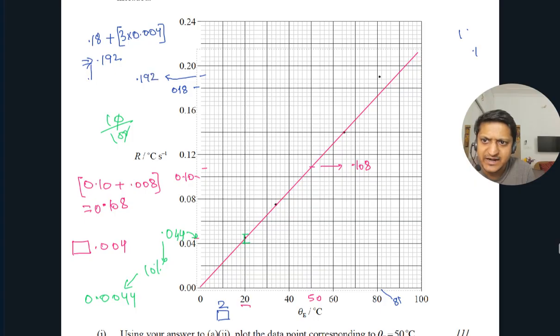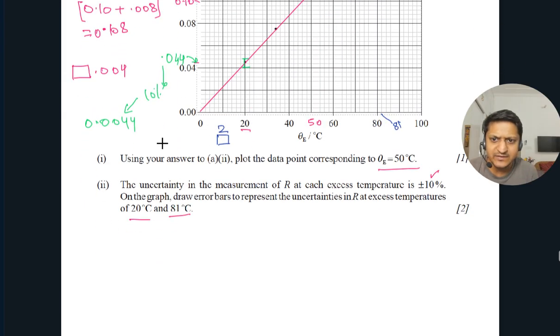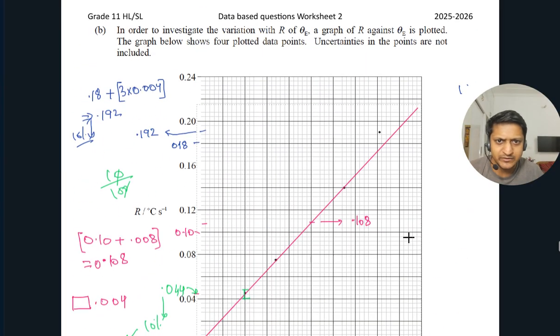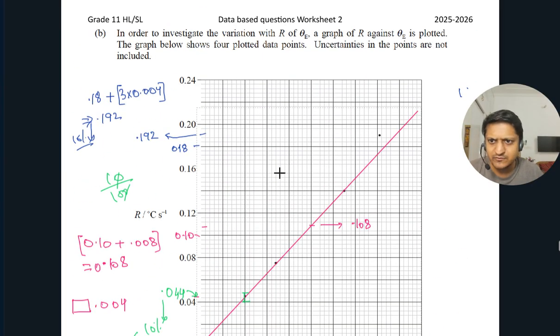Now we need the error. The 10% error is from the R value. They say that the uncertainty is in the measurement of R, not at the degree Celsius bar. So we were making a mistake over there, but we got it right at the right time.